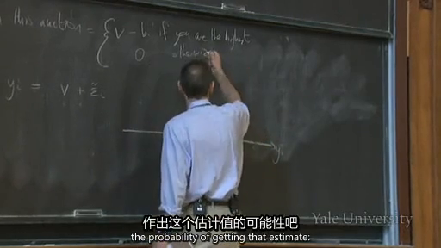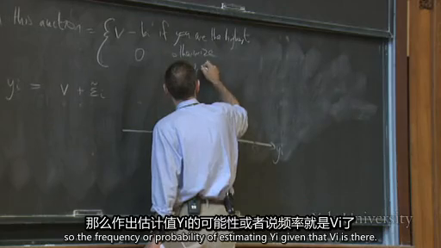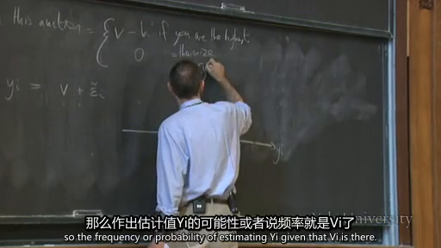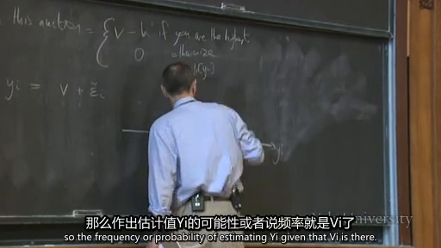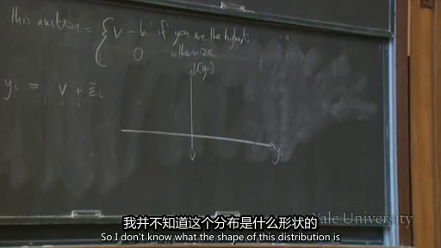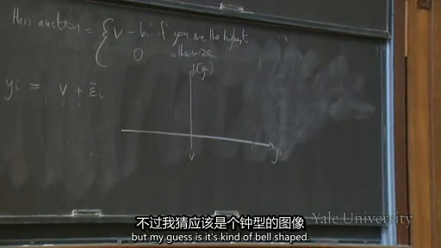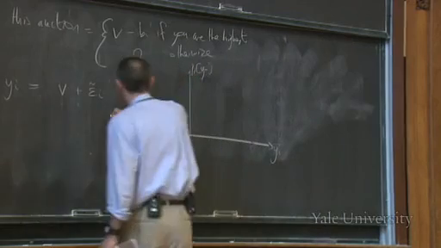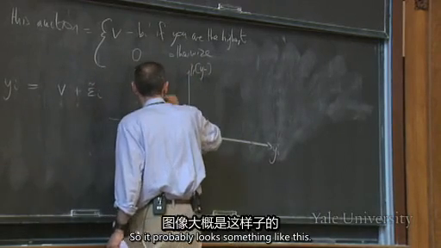All right, so the frequency or probability of estimating yi, given that V is there. I don't know what the shape of this distribution is, but my guess is it's kind of bell-shaped. So it probably looks something like this.